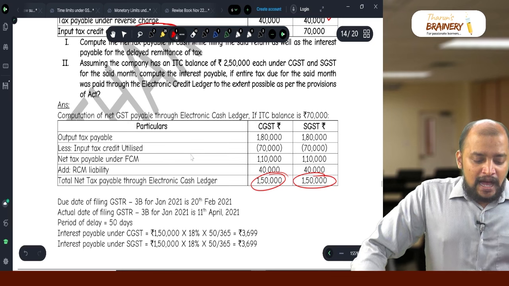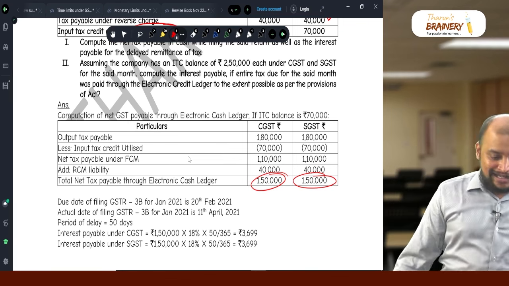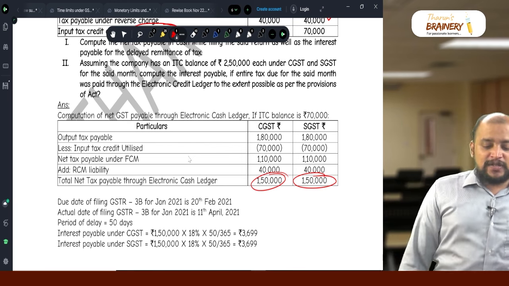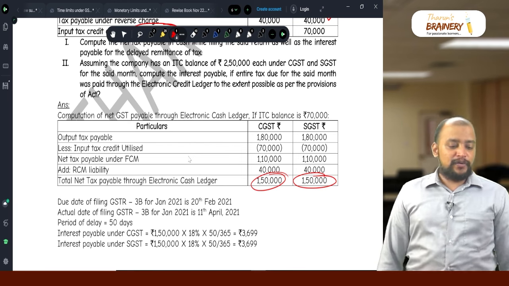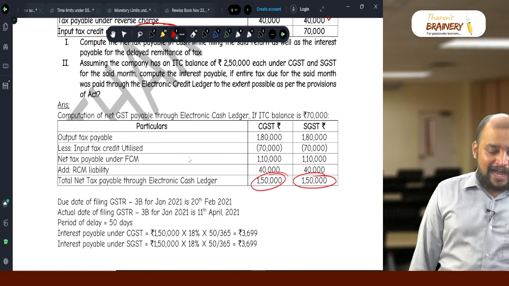Assuming the company has an ITC balance of 2,50,000 each under CGST and SGST for the said month, compute the interest payable if the entire tax due for the said month was paid through the electronic credit ledger to the extent possible as per the provisions of the Act.